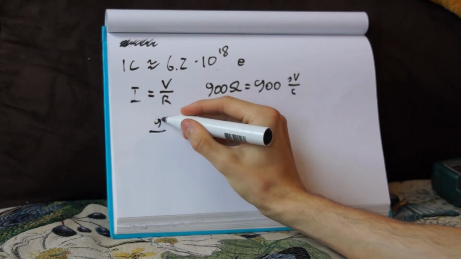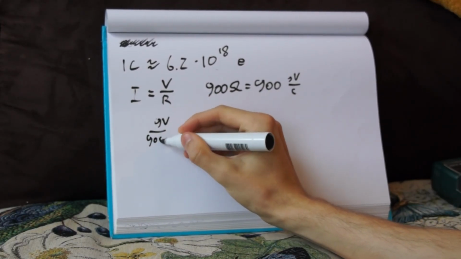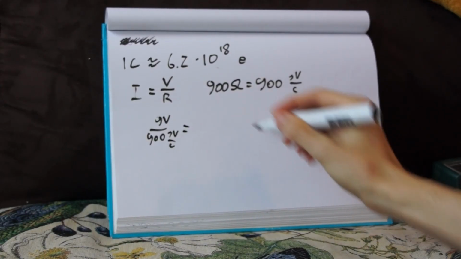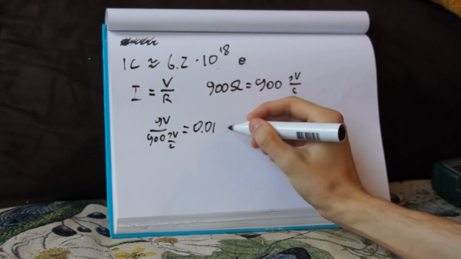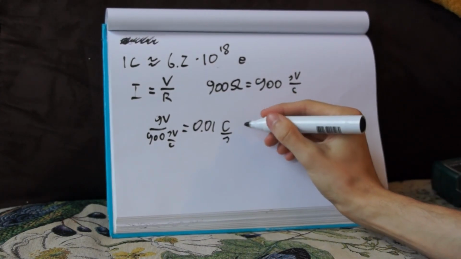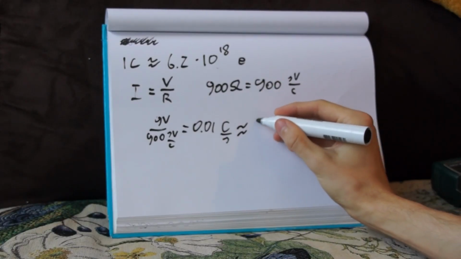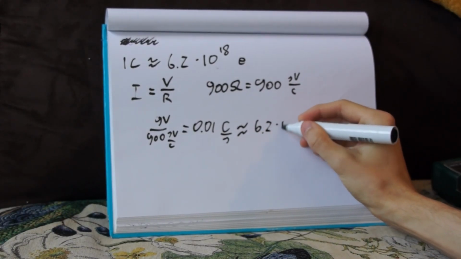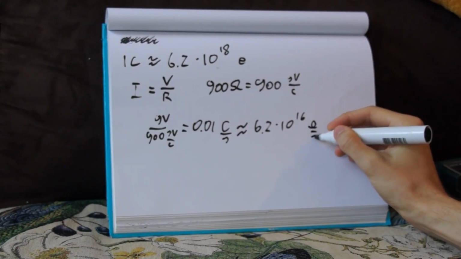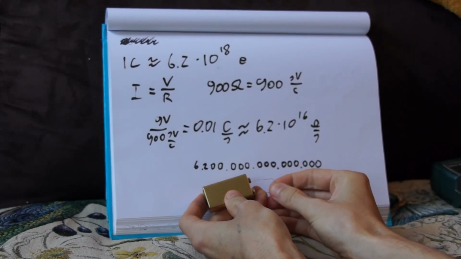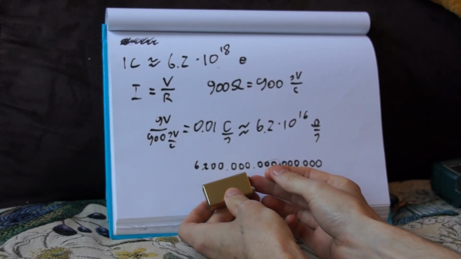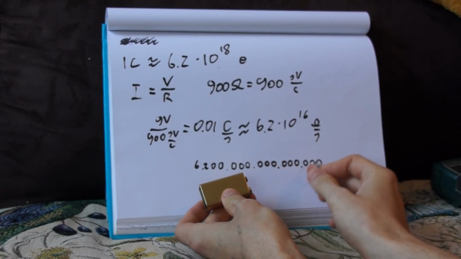If we divide 9 volt by 900 second volts over coulombs, then we get 0.01 coulombs per second, or equivalently about 6.2 times 10 to the 16 electrons per second. Meaning that if I connect this resistor to this battery, this many electrons are flowing from the negative terminal to the positive terminal every second.